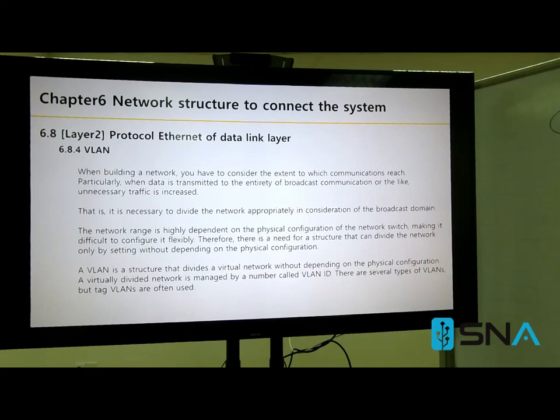So nowadays, it is used for security. And nowadays, our infrastructure already has virtualization or cloud.